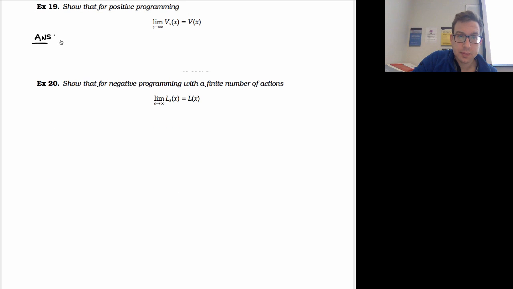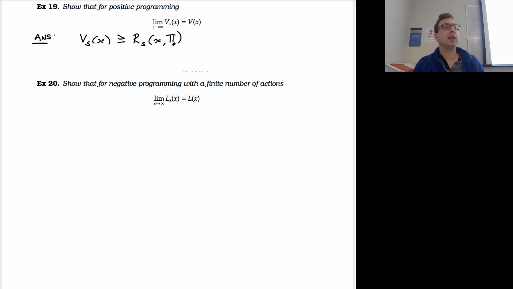We use the same idea that Vs of x is the optimal policy over s steps. So that means that this is greater than or equal to the reward I receive over s steps from state x for some policy pi, a policy that I could in principle apply over infinite time.